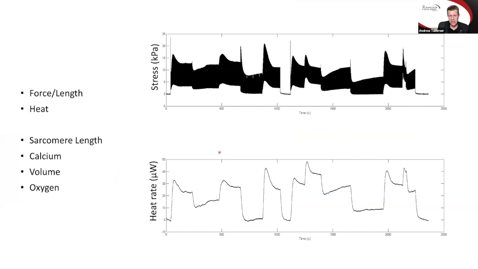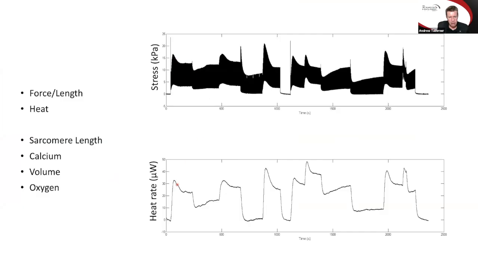Okay, so now we can measure the stress that's produced by the muscle and the rate at which it loses energy in the form of heat. And so you can see here that these two things are quite highly correlated. This black band is in fact a series of individual twitches. They're all jammed together, but you can see here that this is the active twitch force that's being produced by the engine on each twitch.